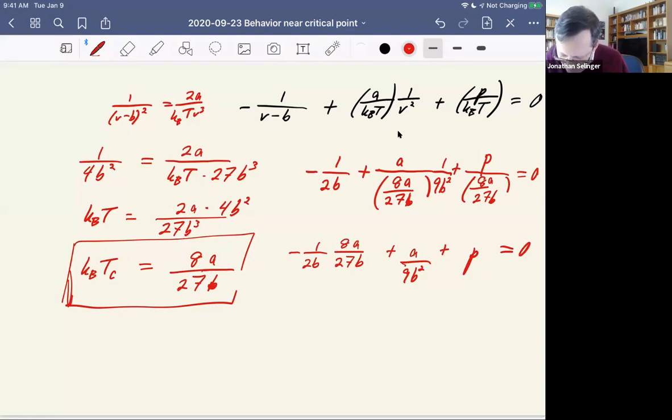Okay, so negative 8a over 54b squared plus a over 9b squared. 54 is something times 9, right? It's like 6 times 9.